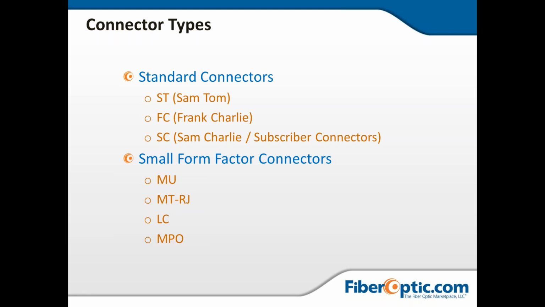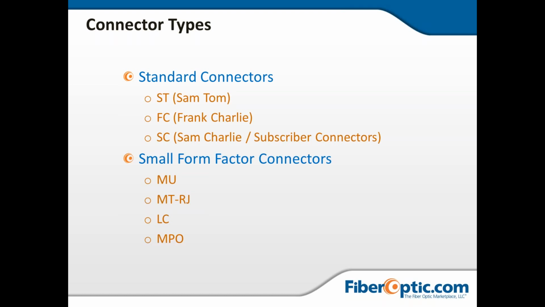The FC is a fiber optic connector with a threaded body, most commonly threaded. Single mode optical fiber, polarization maintaining optical fiber, designed for use in really high vibration environments. The SC, which is extremely popular, the Sam Charlie, is a subscriber connector.